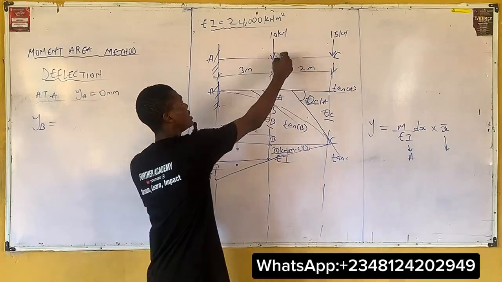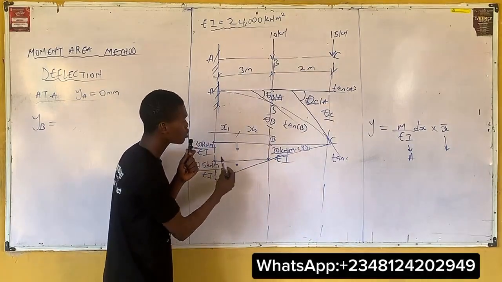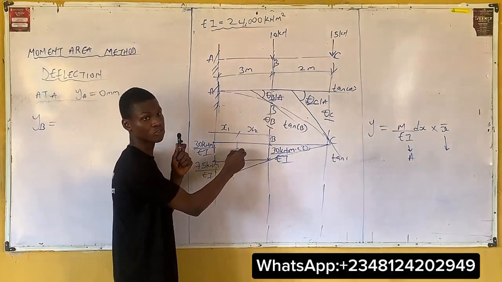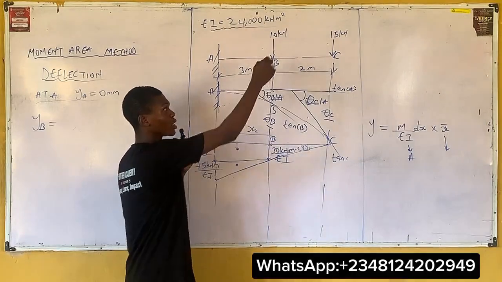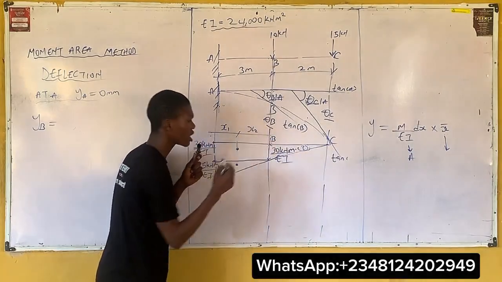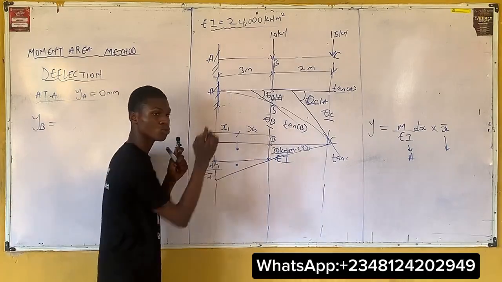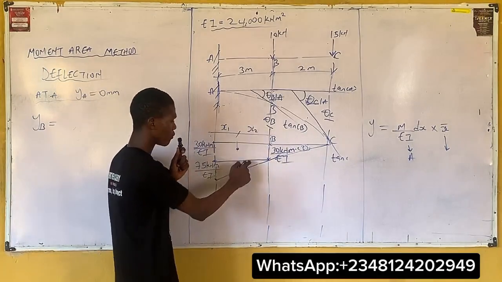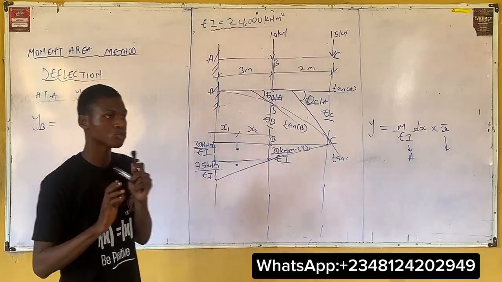Say you want to calculate the deflection at B and determine the centroid of these two shapes. Observe that this shape has two centroids, x1 and x2. With respect to the point where you are calculating deflection, which centroid are you going to use? It is x2. You need the x2 of figure 1 and the x2 of figure 2. That's what Theorem 2 is saying.